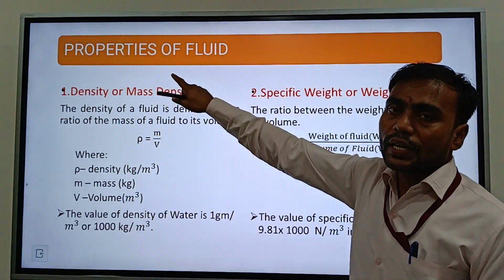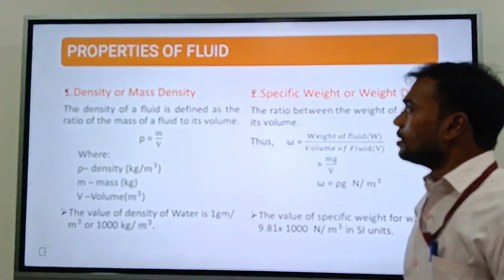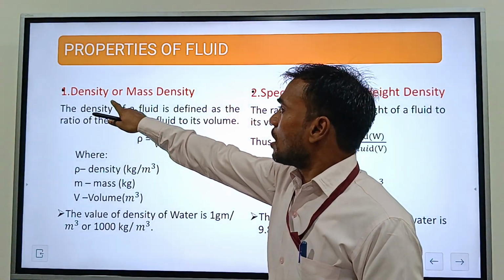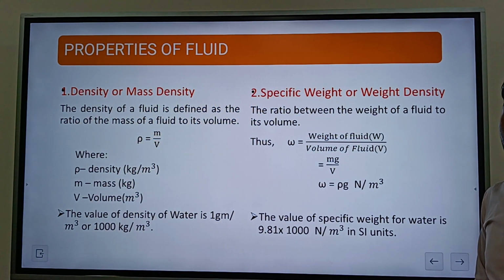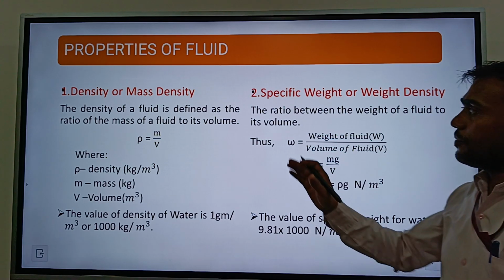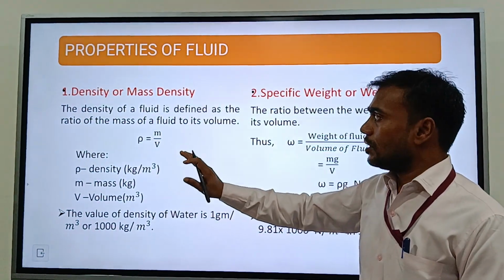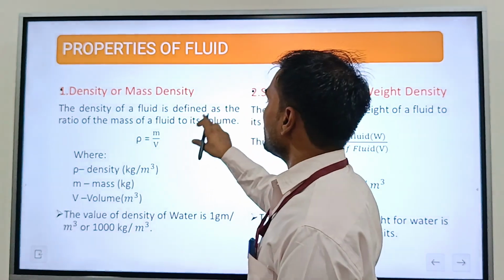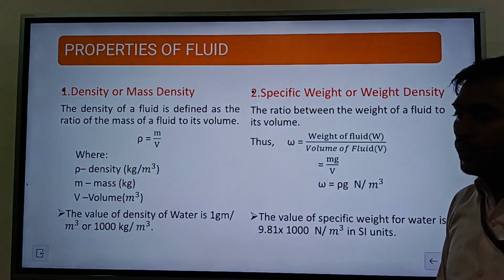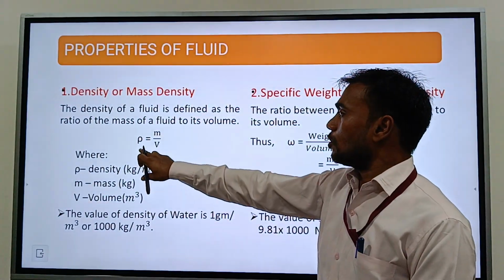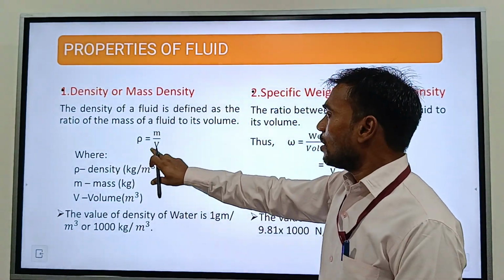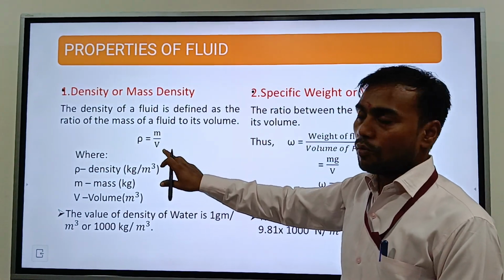Now, various properties of fluids we have to study here. The first property of a fluid is the density or mass density. The density of a fluid is defined as the ratio of the mass of the fluid to its volume. It is represented by rho: rho, the density of the fluid, equals mass divided by volume.